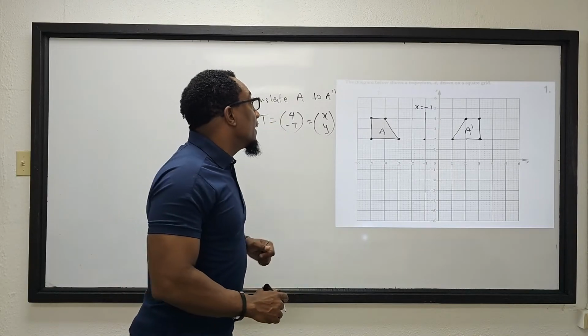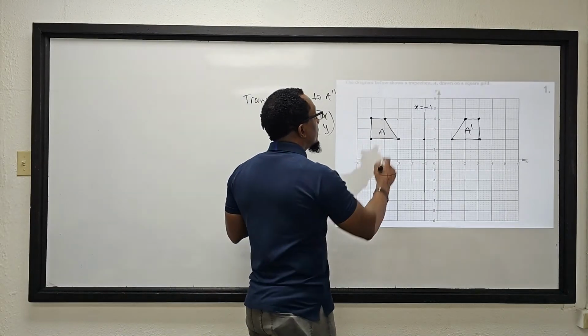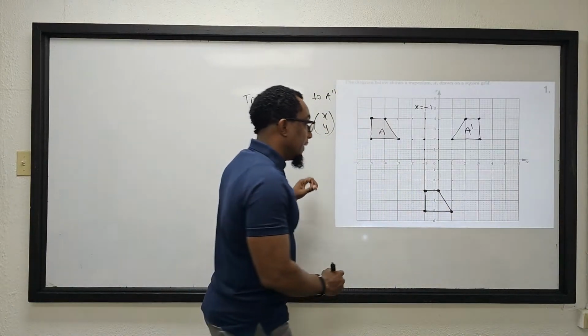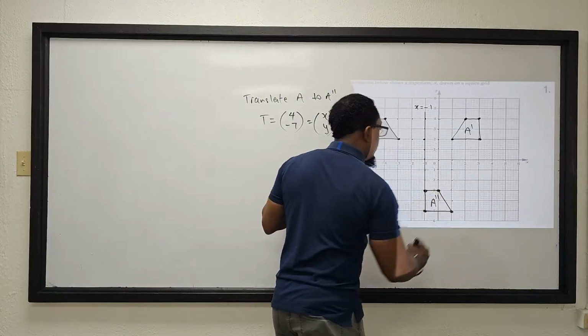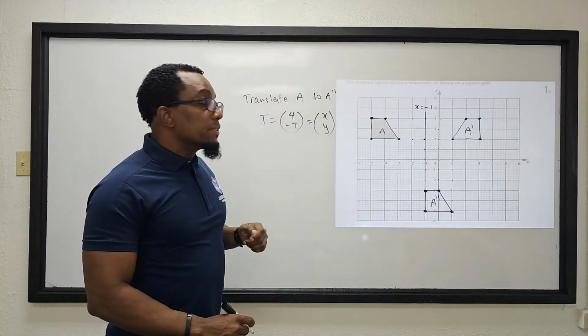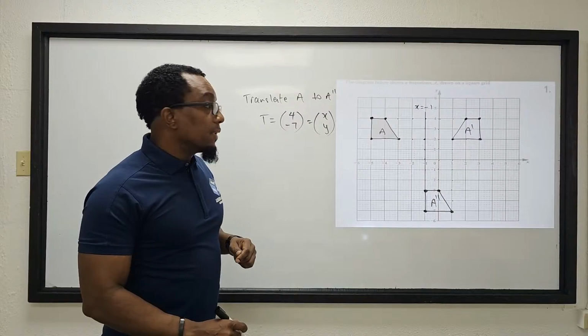In this case, x is positive, so we count to the right. This is the image of A, which we call A double prime, and this shows a translation using the translation vector 4, -7.